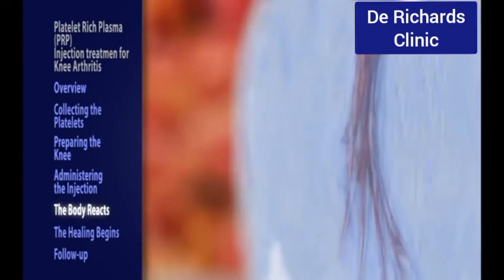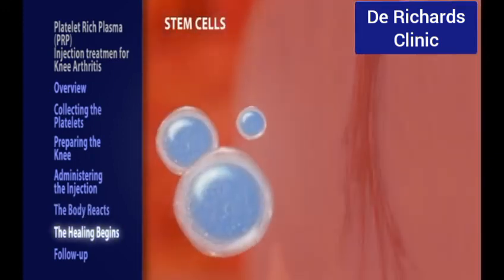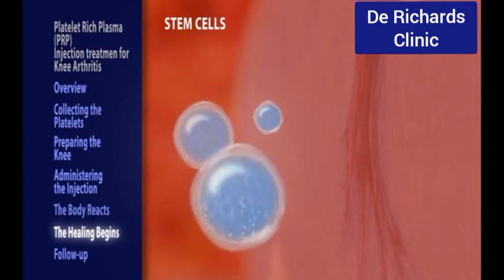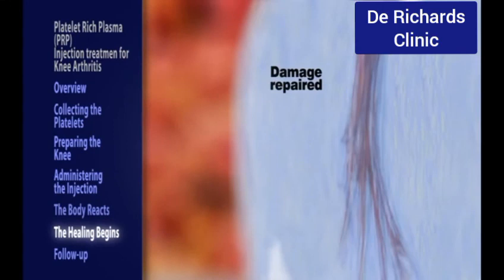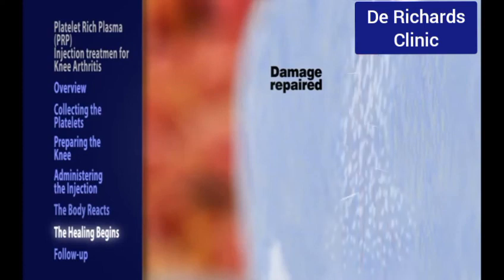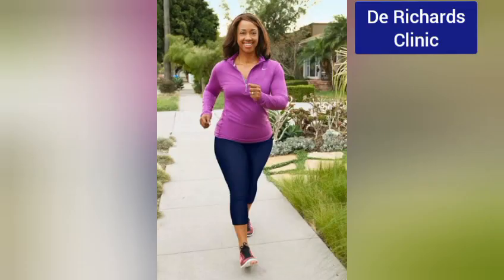So all these factors will work synergistically to rebuild the damaged ligament and cartilages. This is the hallmark of arthritis: damage of the ligaments and cartilages. And when they are repaired, the arthritis is actually repaired. So the person can live happy again.